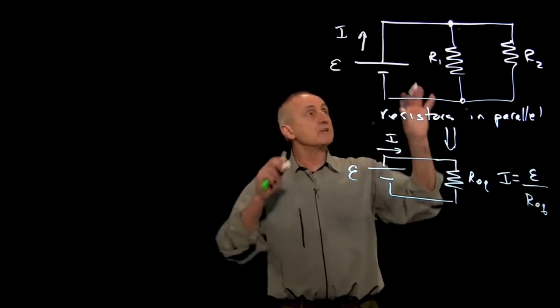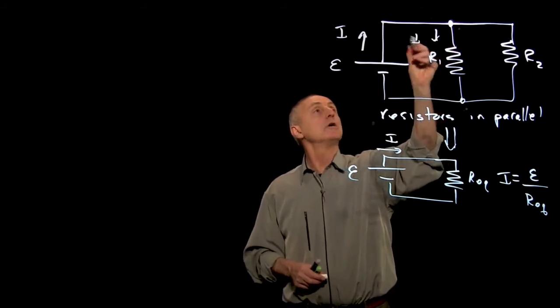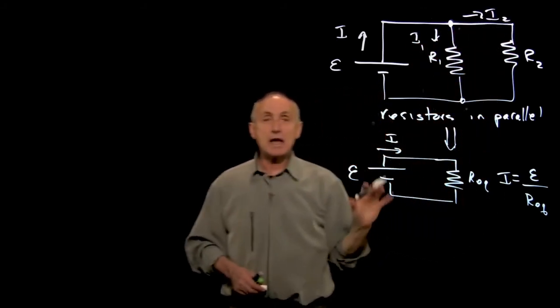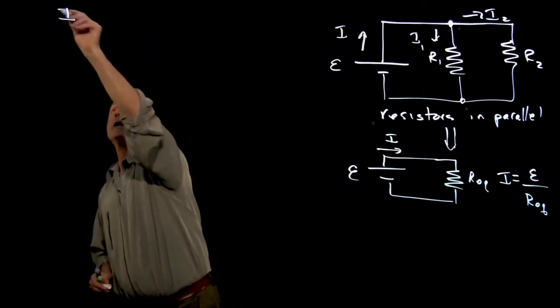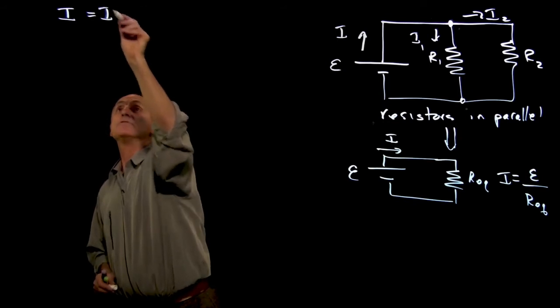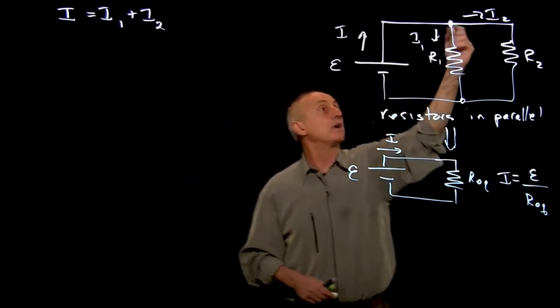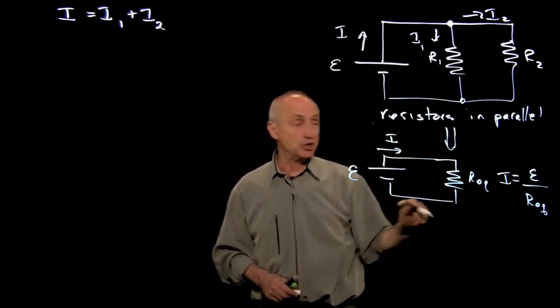Now, what adds in this case? Well, remember, if current is coming into a junction, we have current coming out of the junction. What adds is really the concept of current conservation, that the current in, I, is equal to the current out, I1 plus I2. And that's our junction rule, because we're assuming charge is not building up at the junction.